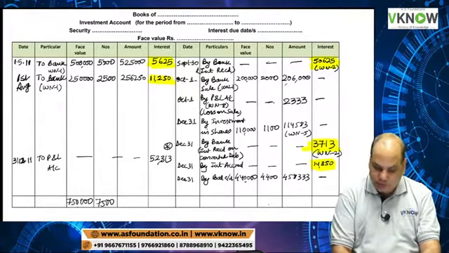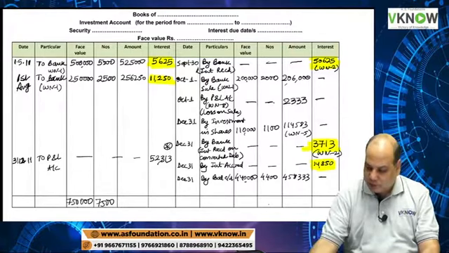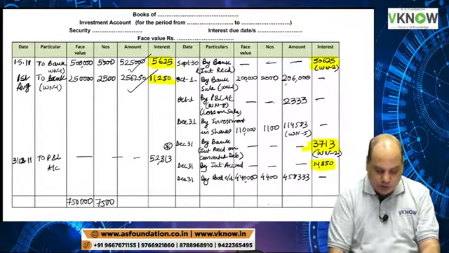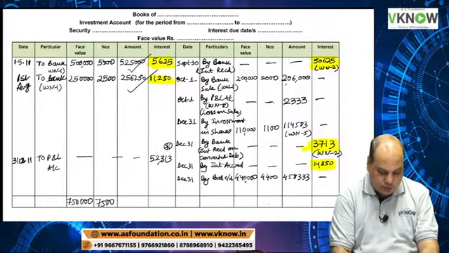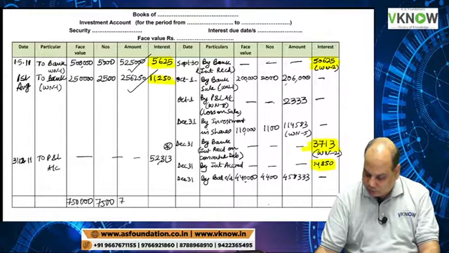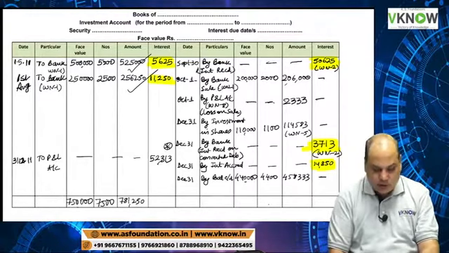Now please check whether the amount is tallying or not. Amount column on the debit side is 5,25,000 plus 256,250, and that is equal to 781,250. Check the credit side whether the amount is tallying.